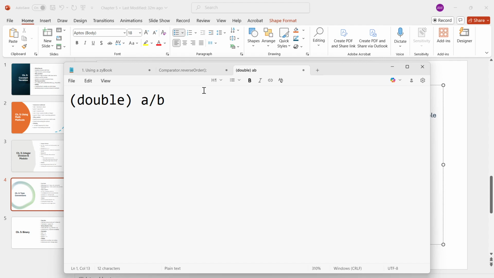This gives 2.5 because a becomes 5.0, so decimal math kicks in. But when you cast after the division, this gives 2.0 because the fraction is already lost. It divides first and then converts into a double.